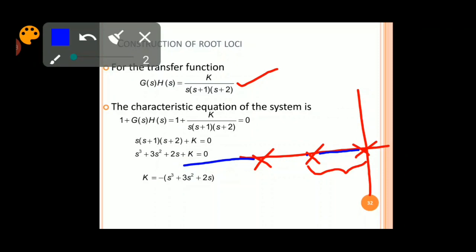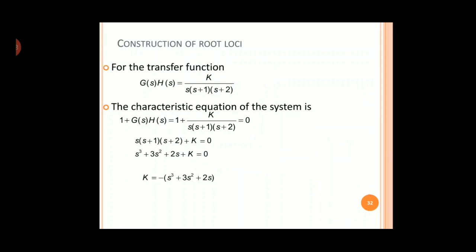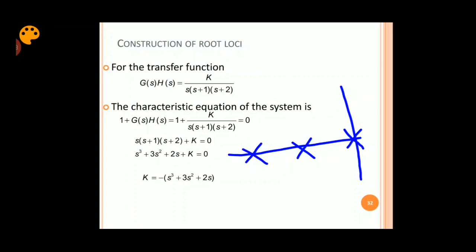Now what does the prediction rule say? If there are two adjacent poles, and the section between them is RL, then there is a possibility of having a breakaway point in this section. So I draw it again. That means we have seen that in this section there is a possibility of a breakaway point.